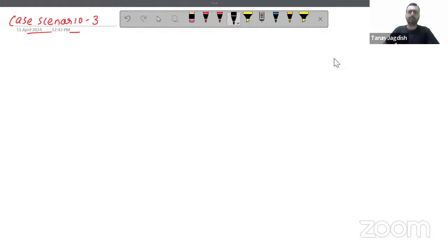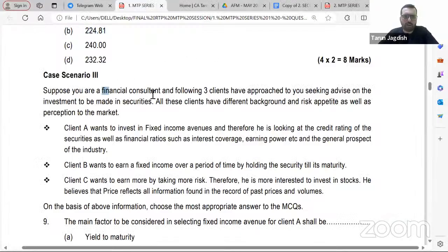Case scenario number 3. So suppose you are a financial consultant and you are following 3 clients. They have approached you seeking advice on the investments. All these clients are having different background and different risk appetite. Okay. Client A wants fixed income revenues. Therefore, he's looking at the credit rating.